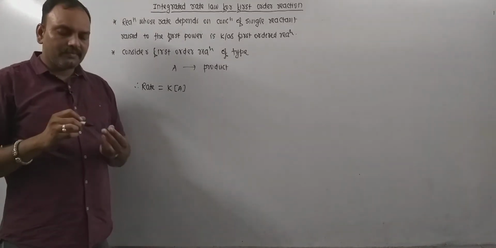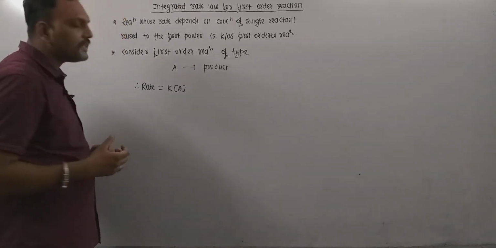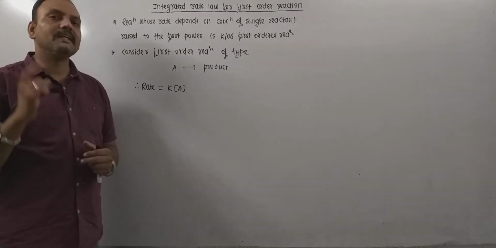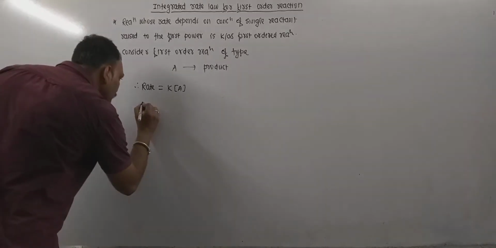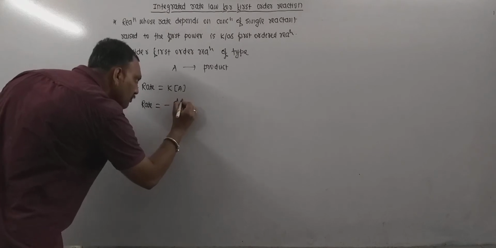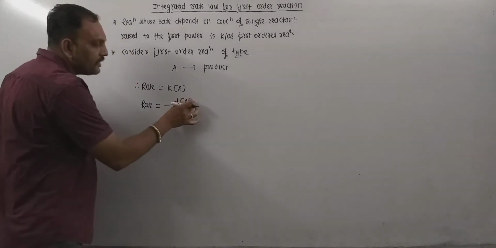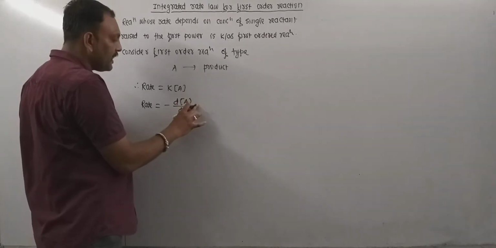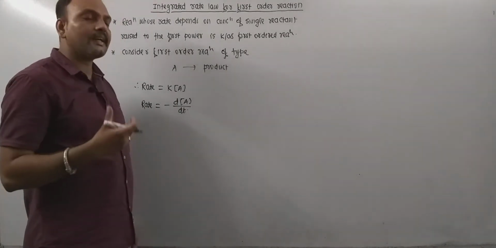Now let the decrease in concentration of A after a certain interval of time be d[A] in time dt. That is the rate of reaction as well. So rate at a particular instant may be given as minus d[A] by dt, the rate at which the concentration of reactant gets consumed.